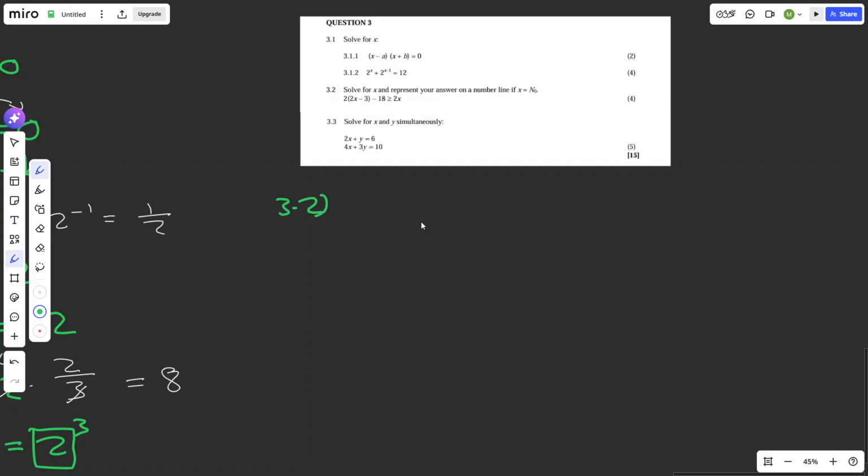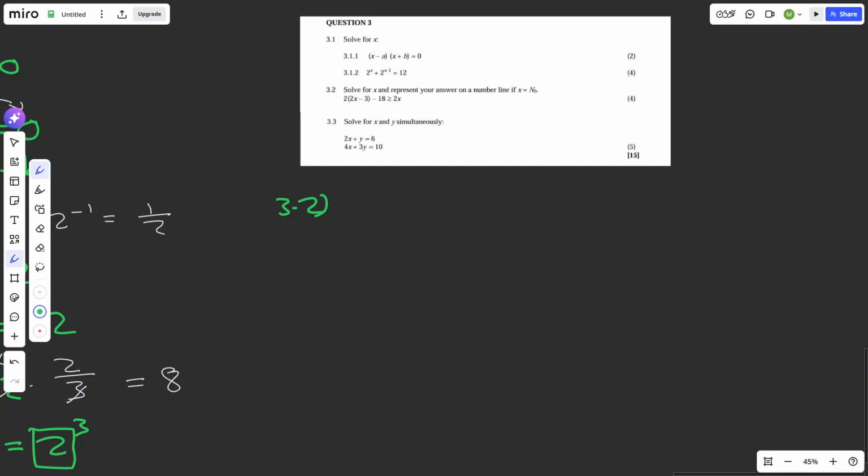In question 3.2, we are required to solve for x and represent our answer on a number line. We are given 2 times (2x minus 3) minus 18 greater or equal to 2x.